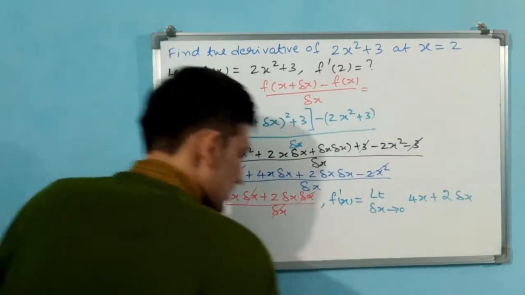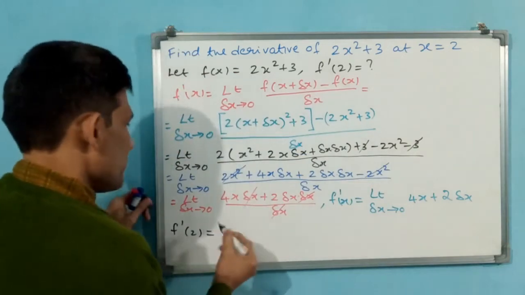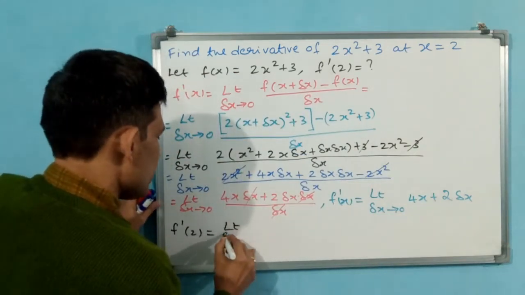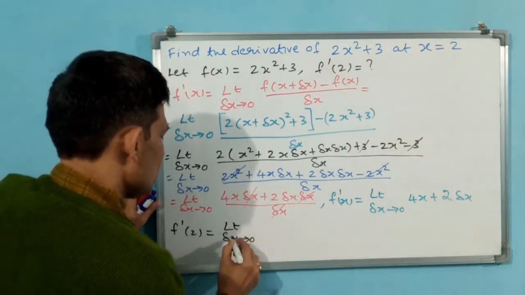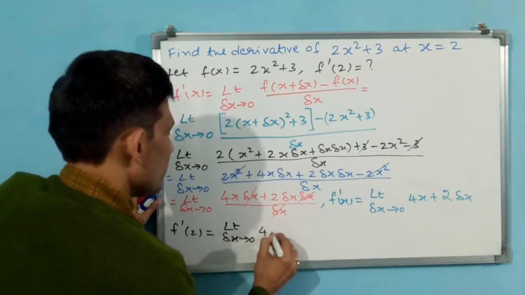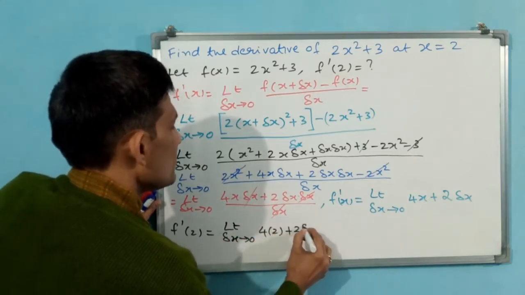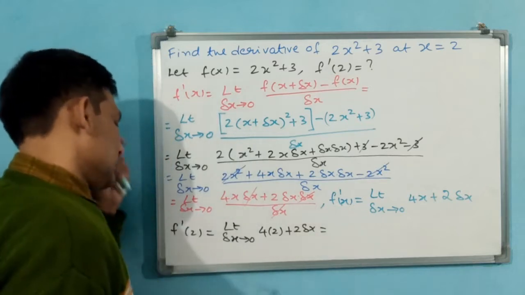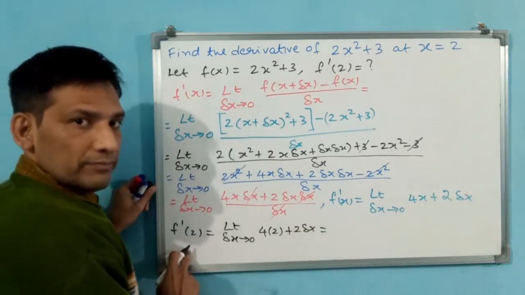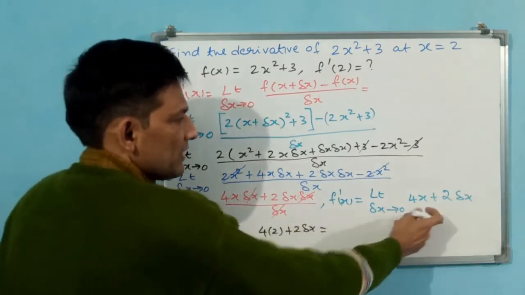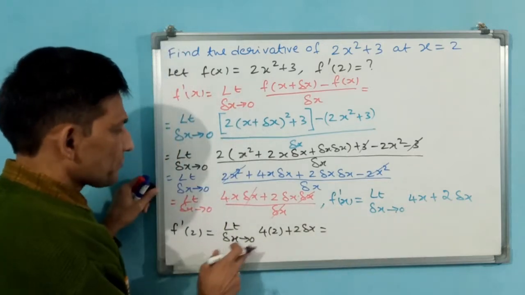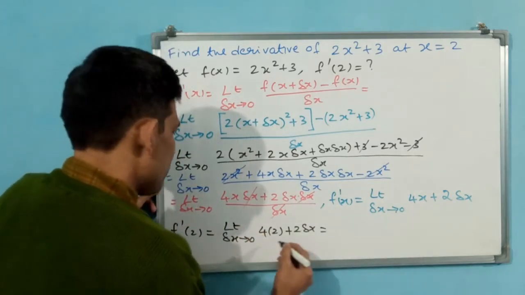Why? Because limit we have not yet applied. Until application, limit will be there. Delta x tends to 0, 4 into 2 plus 2 delta x. f dash x is this one, f dash 2 is this one, 4 into 2.